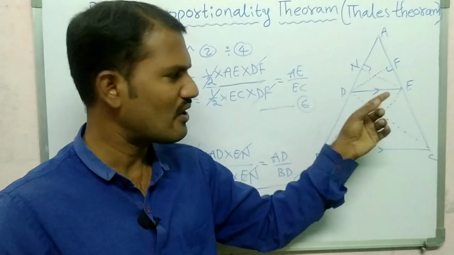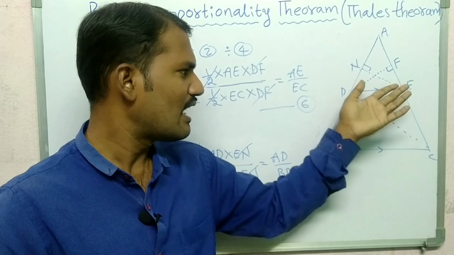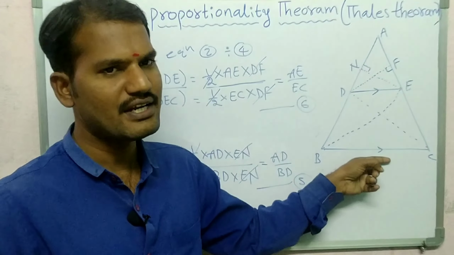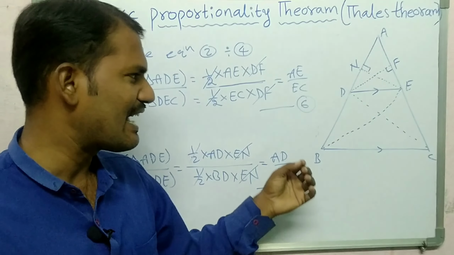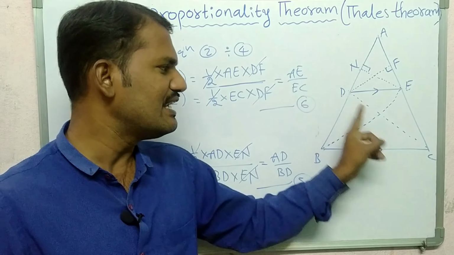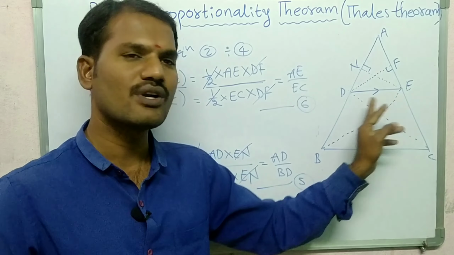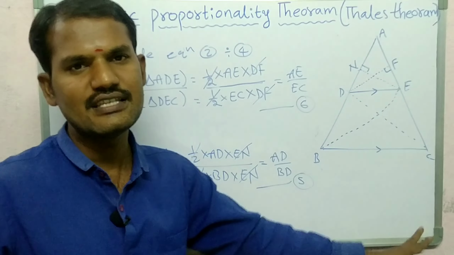These two triangles are on the same side DE and between the two parallels DE and BC.